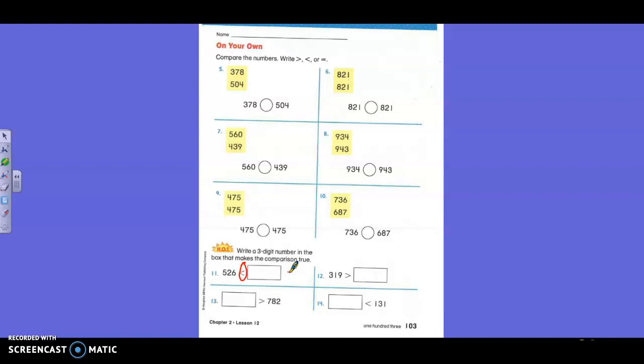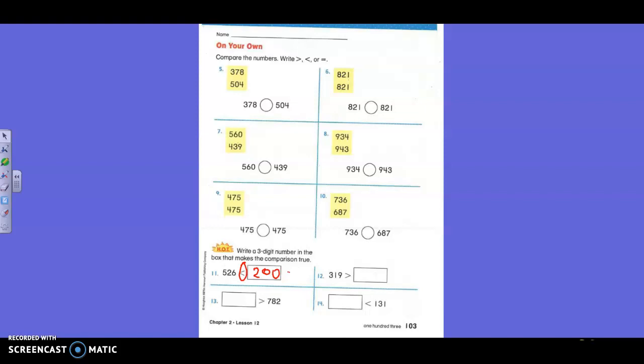Nicholas, give me a greater number. 200. Okay, let's check if you are right. 200. Look at the hundreds place. Is 5 greater than 2? Yes.